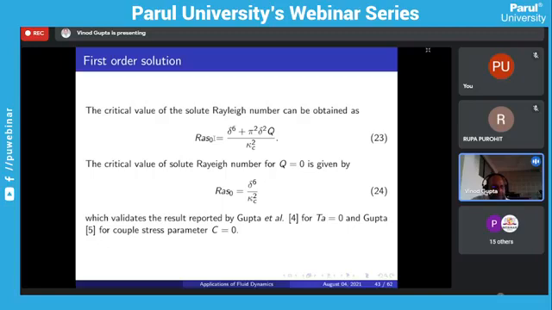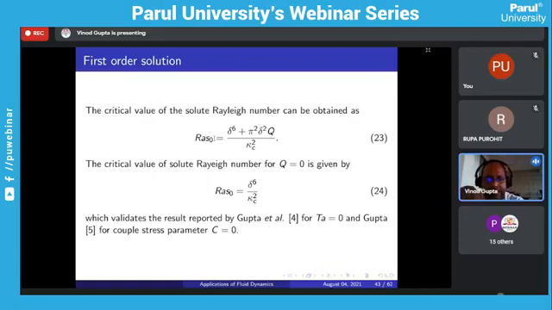Because when the fluid layer is heated from below, due to the temperature difference between the boundaries, convection will start and buoyancy forces come into the picture. The viscous force opposes the fluid's motion, and the buoyancy force drives the motion. If the buoyancy force is greater than the viscous force, that is, the Rayleigh number is greater than 1, then convection will start.